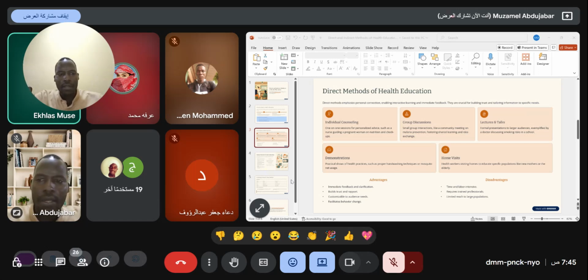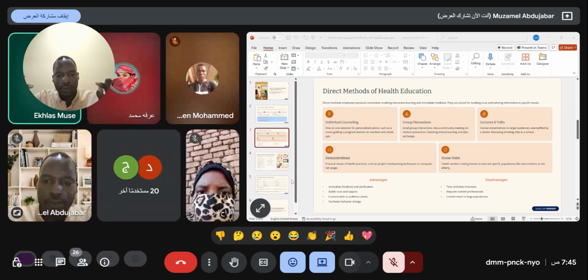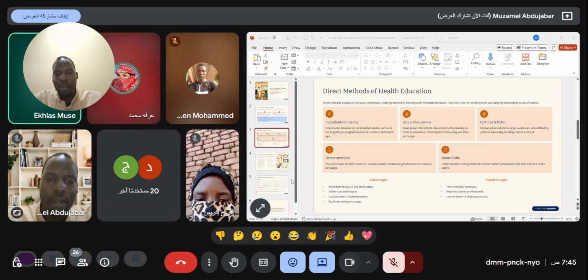Additionally, we discussed the direct method. One of the advantages is direct feedback. When you send the message among your community, you can get the feedback directly. Secondly, you can build trust with your volunteers or with your community. Moreover, you can realize what their needs exactly are. Your community can understand very well.